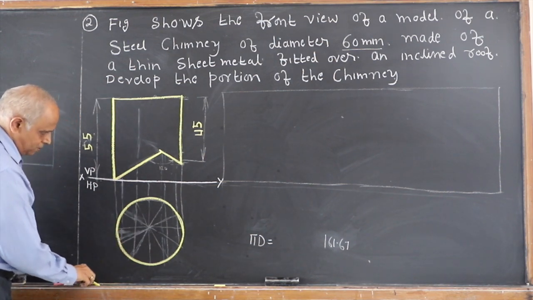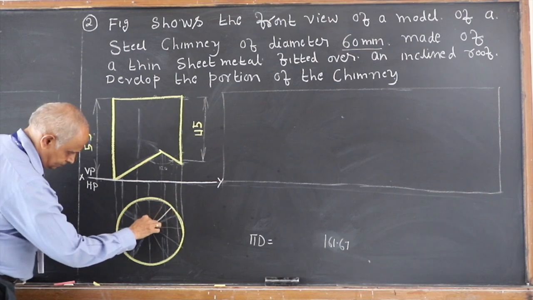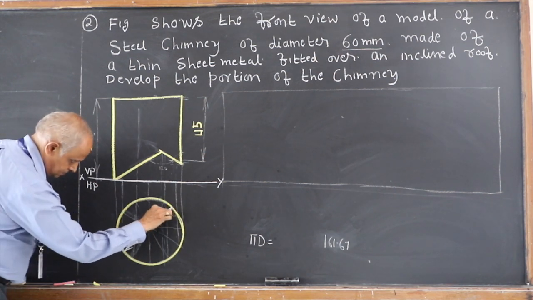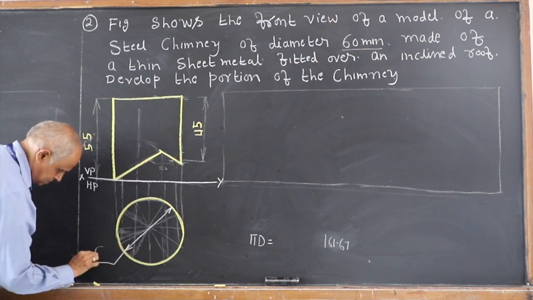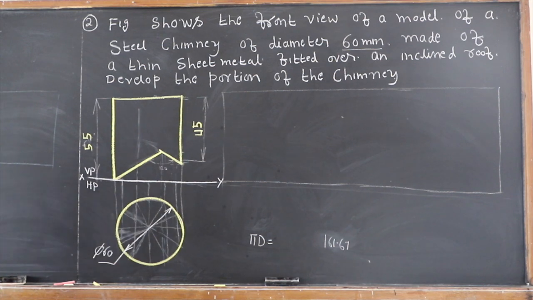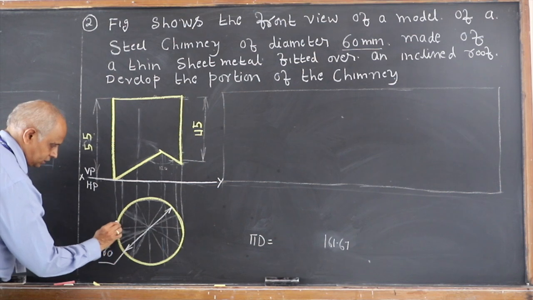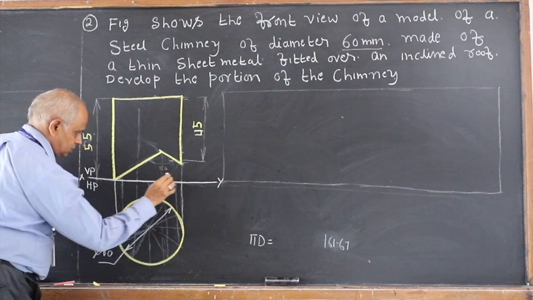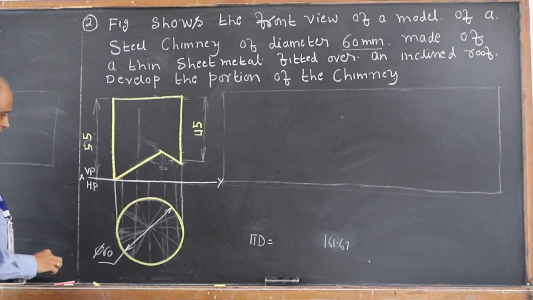So dimension this, 60 representing diameter. Then if you take the end projectors here, and you can now complete the front view.